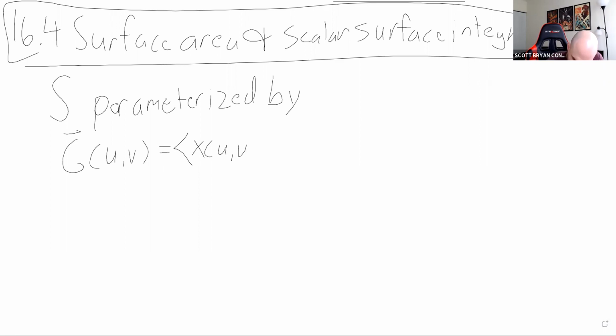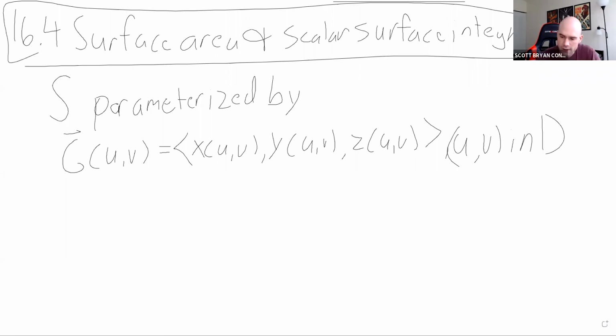So we write x in terms of u and v, y in terms of u and v, and z in terms of u and v. And u and v live in the uv plane, in some region D. Usually we use another coordinate system or a specific trick for graphs of functions to parameterize. And we'll see those again later today when we do some examples.